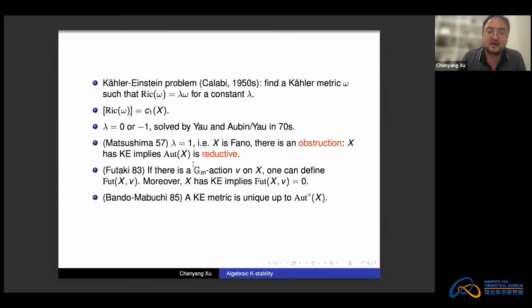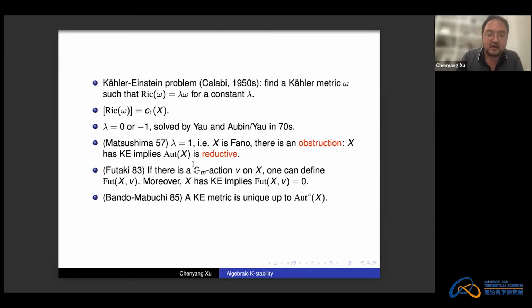Actually, there is an obstruction, which people have known for many years: when the variety has a Kähler-Einstein metric, the automorphism group has to be reductive. This was first found by Matsushima.